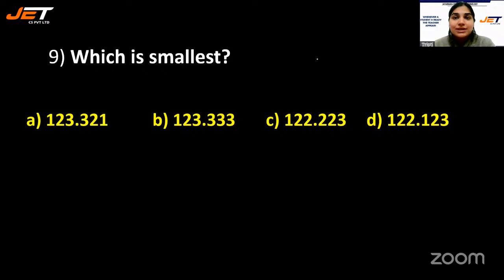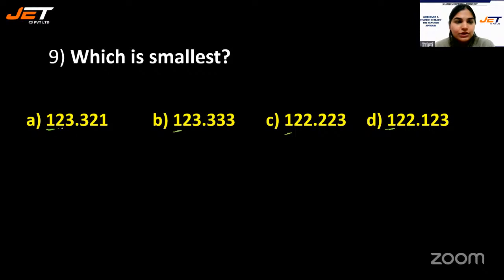Next one, which is smallest? Here we have 120 with 1, 1, 1, 1, same.